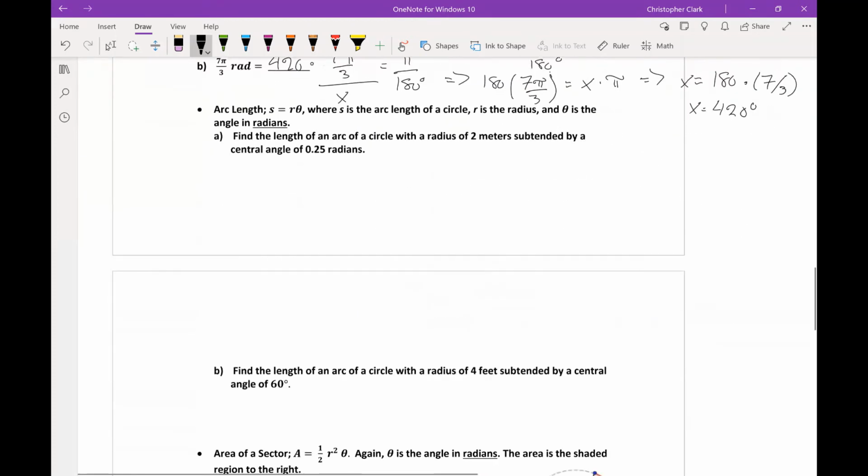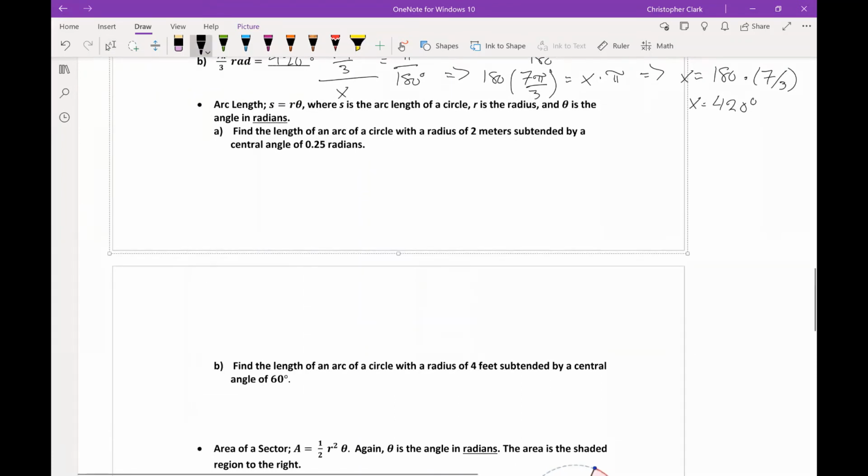Okay, arc length. The arc length S is equal to r, the radius, times theta, where theta is in radians. If at any point your angle is measured in degrees, then you have to convert it to radians. Let's find some arc length.